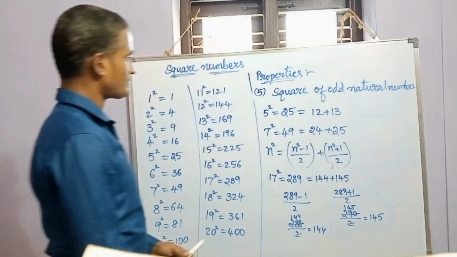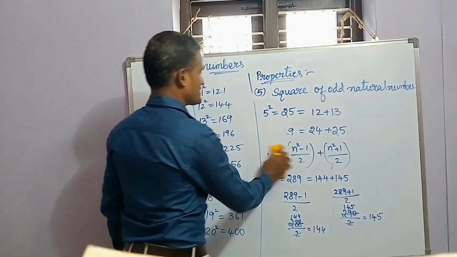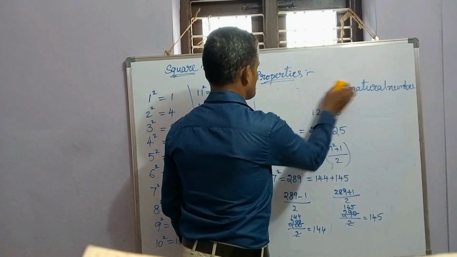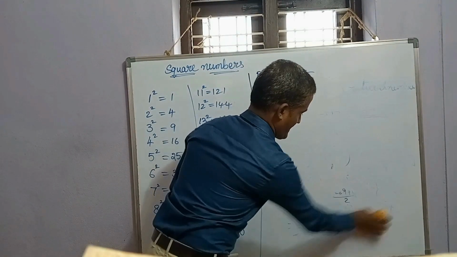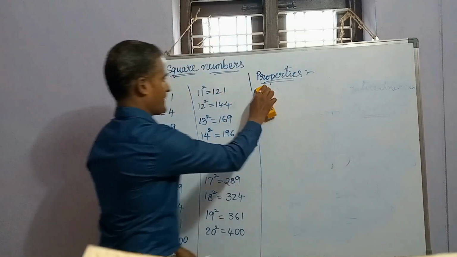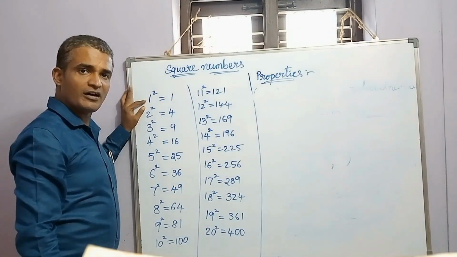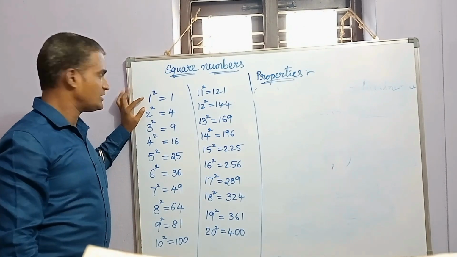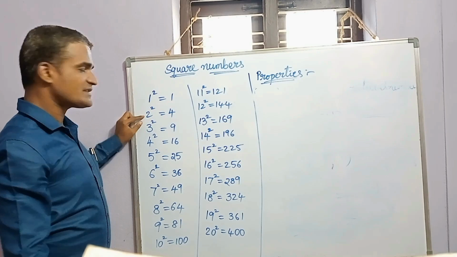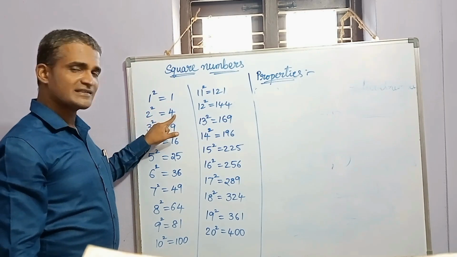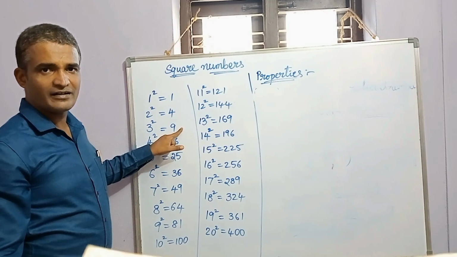And other properties are there, which you observe in this list first. In this list of numbers you see, is one an even or odd number? One is an odd number and its square is also odd. 2 is an even number and its square is even. 3 is an odd number, its square is odd.